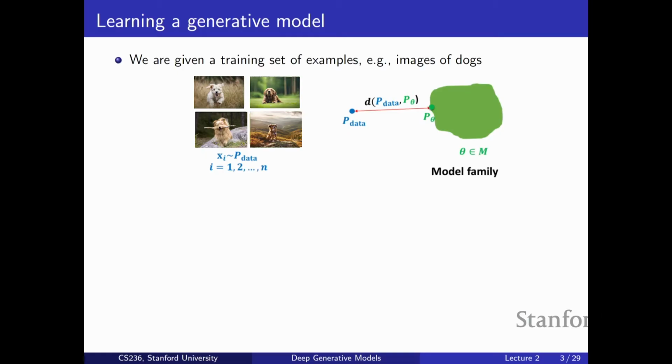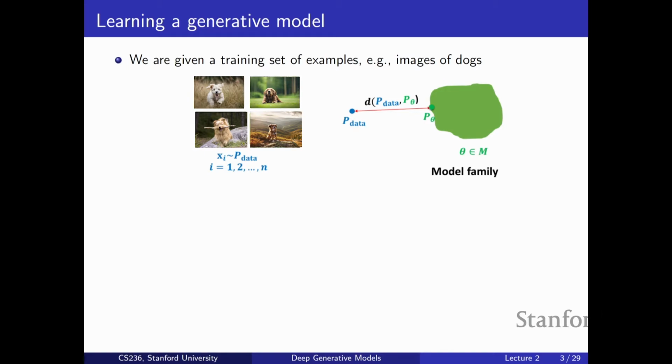Or it might correspond to the complicated physical processes that give rise to a natural distribution over images. The key point here is that this data distribution, P data, is unknown. You assume there is such an object, but the only thing you have access to are a bunch of examples, or a bunch of samples from this distribution.